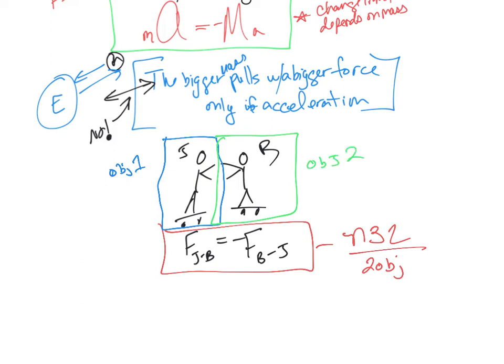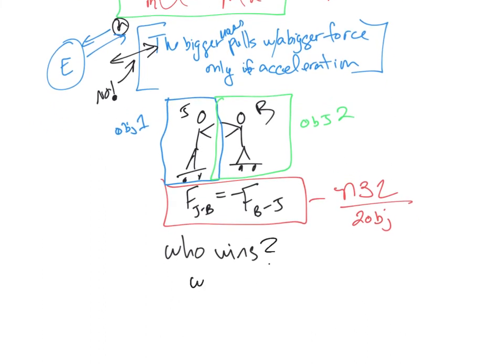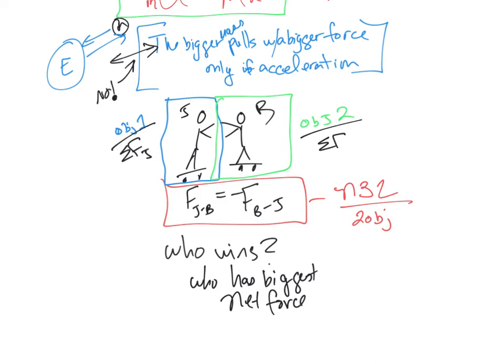Who wins is based on who has the biggest net force. Is the net force on Jim bigger than the net force on Bob? Because there are more forces interacting than just the action-reaction pair.